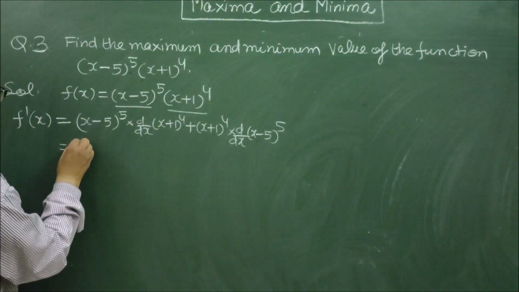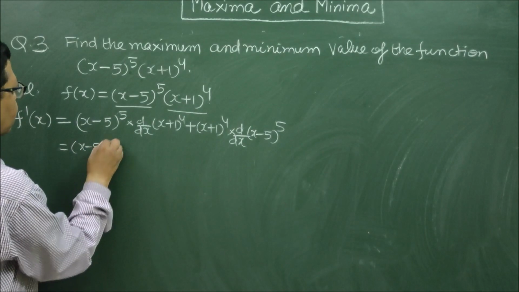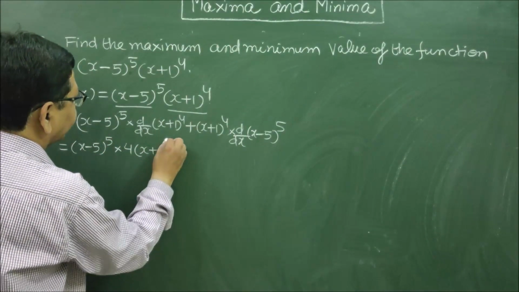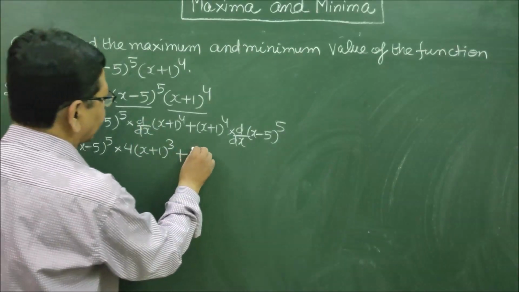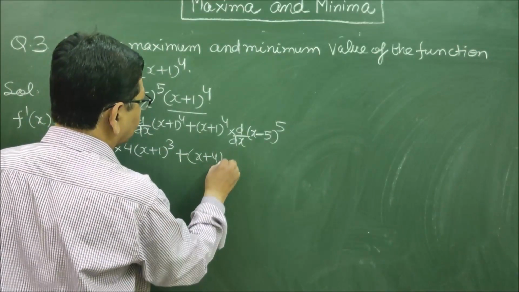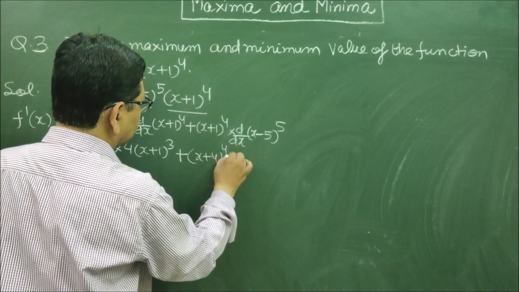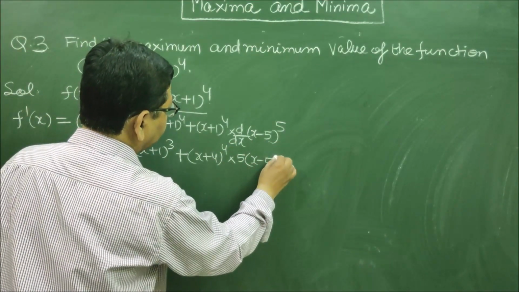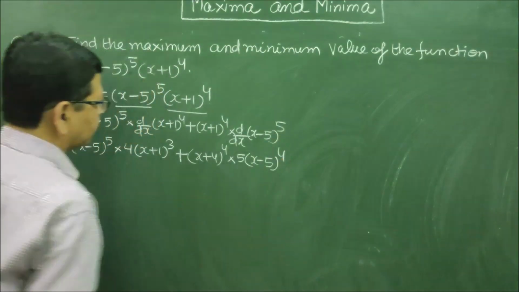This is equal to x minus 5 raised to the power 5 into 4 into x plus 1 whole cube, plus x plus 1 raised to the power 4, and the derivative of the other function is 5 into x minus 5 raised to the power 5 minus 1, that is 4.